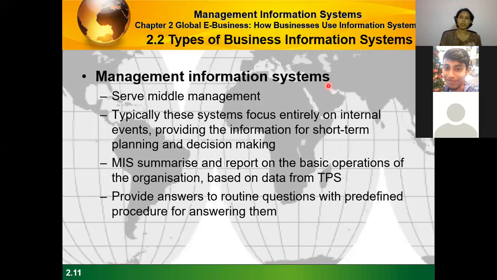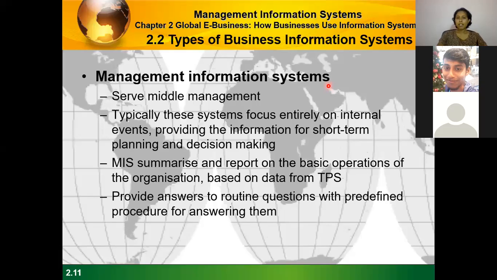We study the interaction between these systems and humans, and how they are being used and how they behave within organizations. But do not confuse that with this management information system. This is a particular type of information system that is being used within an organization.